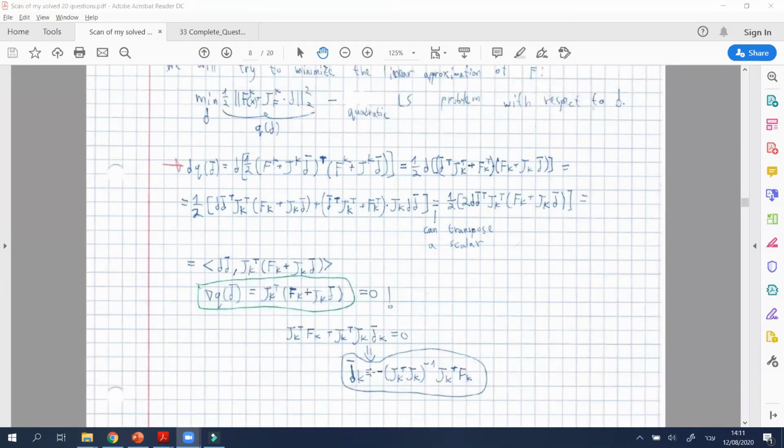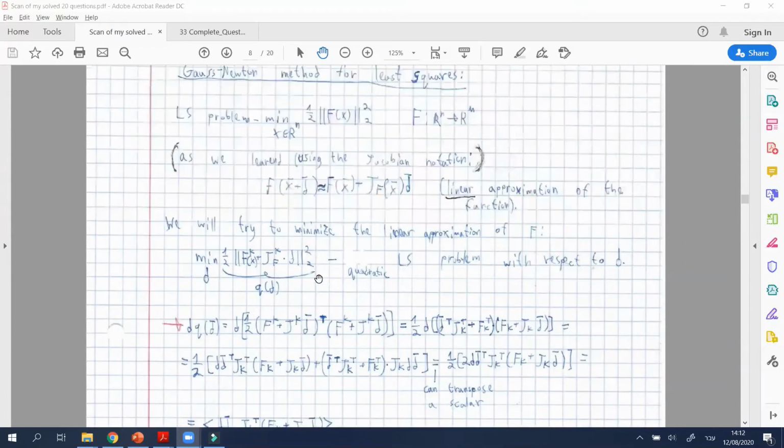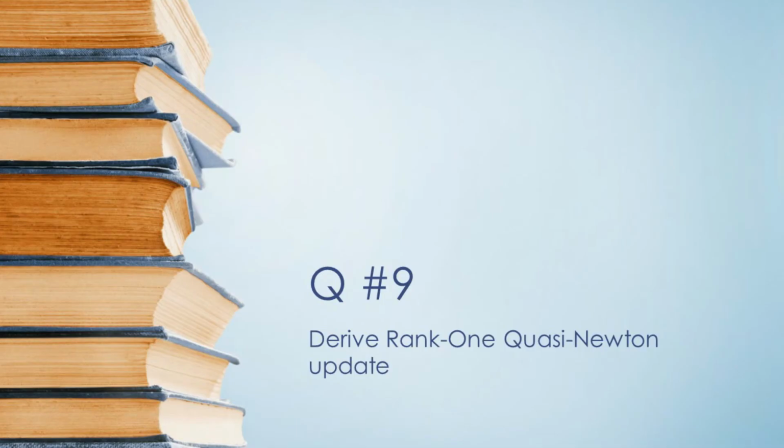The correct direction would be exactly this, just moving this to the right-hand side and multiplying by the inverse of these. And we achieve the direction, and that's the main idea for the Gauss-Newton method for least squares. By using that and line search and iterating over it, we get a different direction each time, and we minimize our problem and find the objective, a minimum point x, which minimizes this.